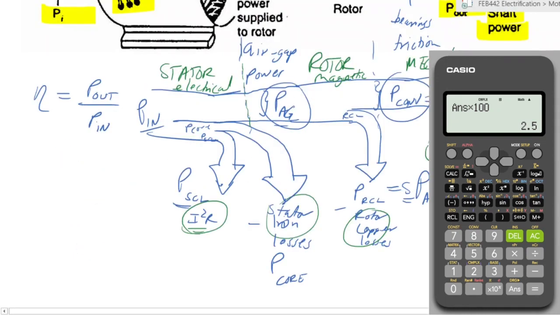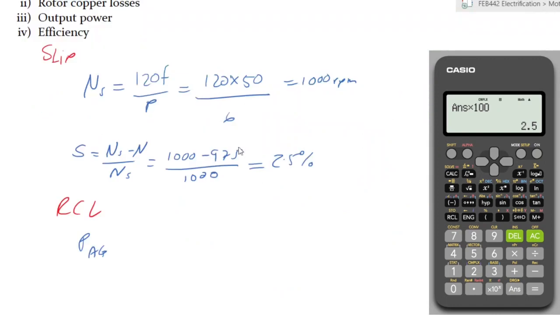So the rotor input is this air gap power. And how do you get the air gap power? You get air gap power by saying that it is equal to input minus stator copper losses, right?